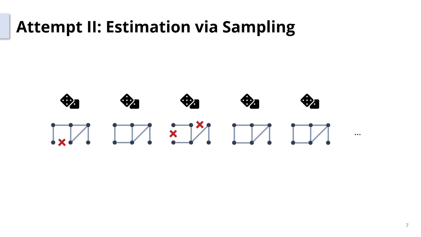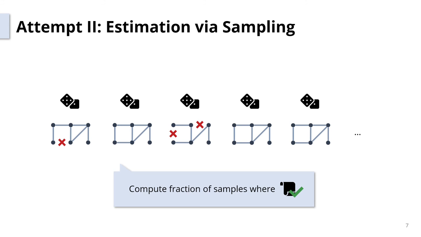Another thing you can try is probability estimation based on sampling. In this approach, you would sample from the probability distribution of failures to get a network like this, and then check whether the property holds or not. So you will continue drawing samples until you have gathered enough samples, and then compute a fraction of samples where the property holds.